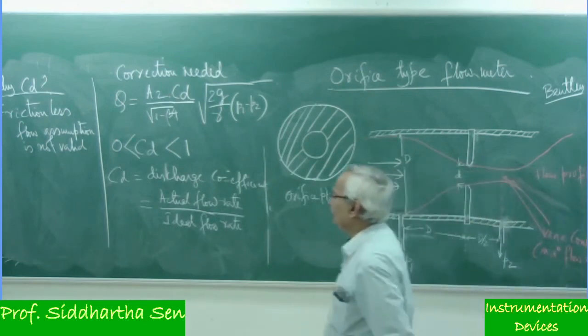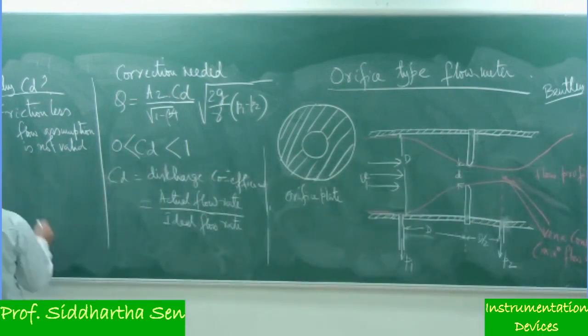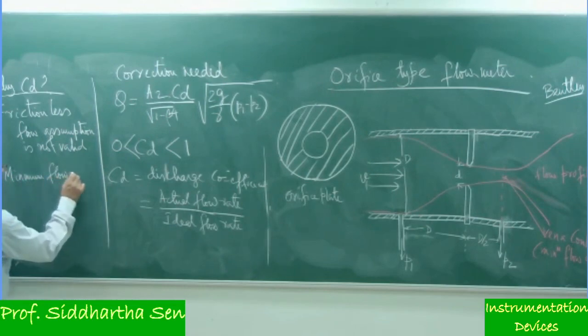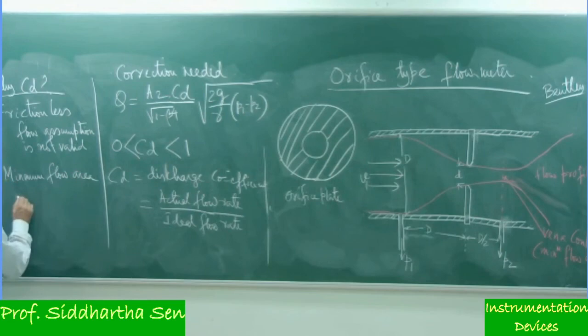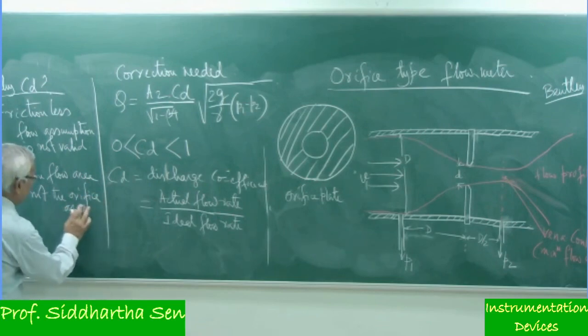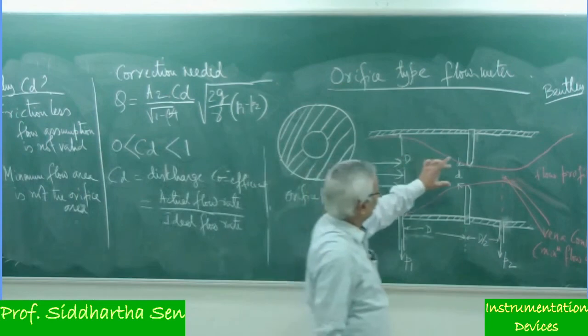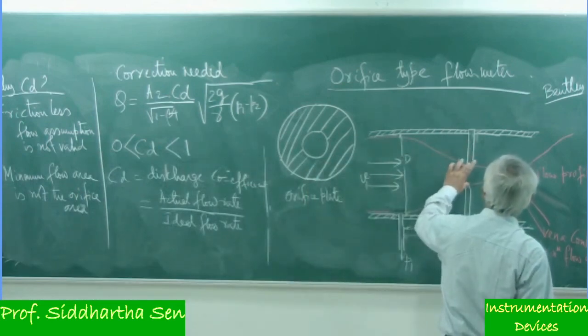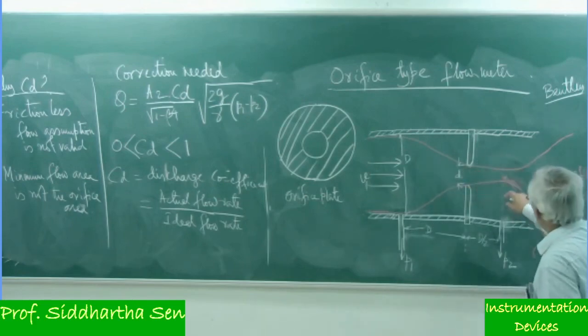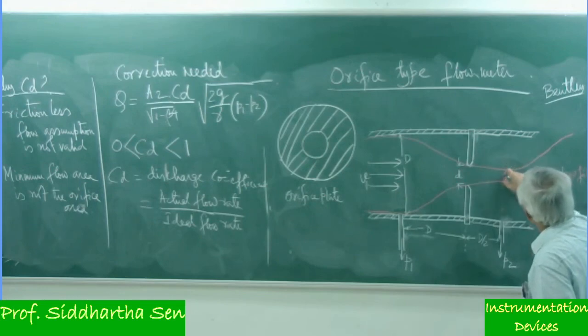And second thing is that minimum flow area is not the orifice area, because we have seen that this orifice has a diameter d, small d, and the flow area is pi by 4 d square. But this minimum flow area is further a little bit away from the orifice, and which is less than that one.